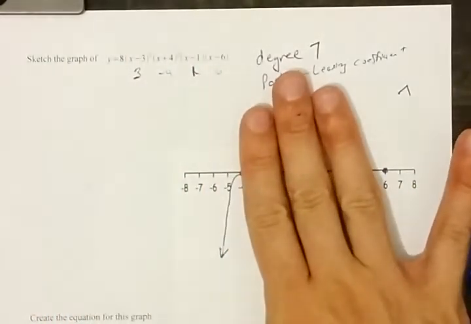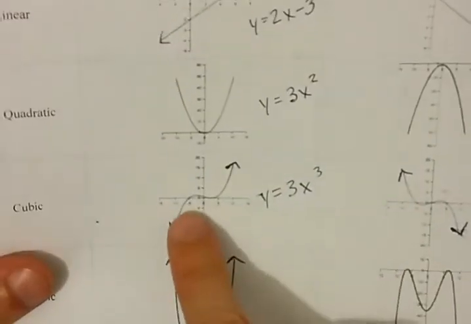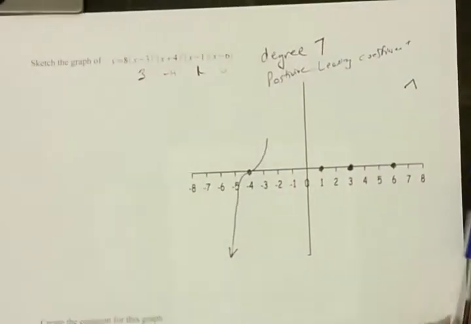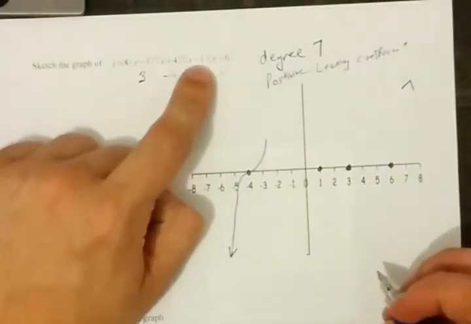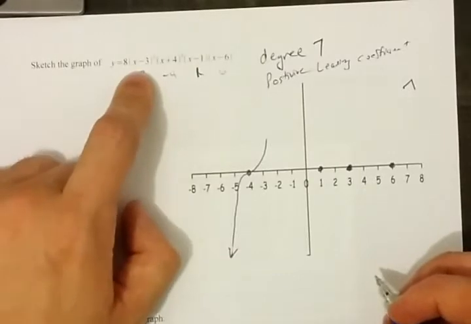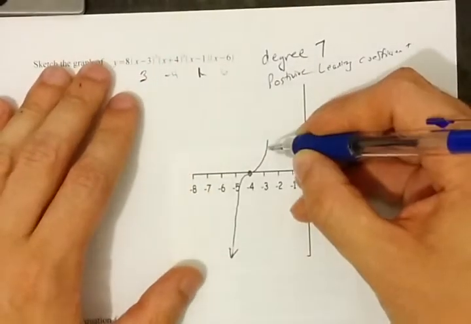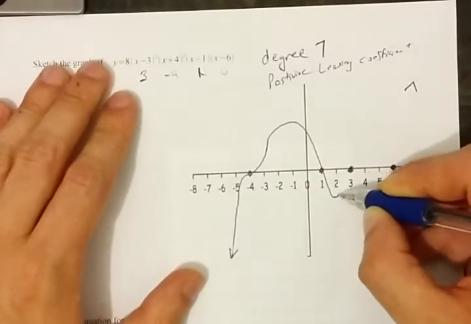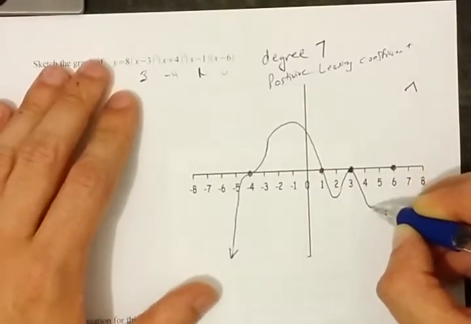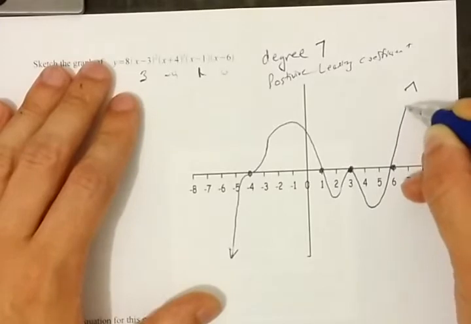It should remind you of the shape of an x to the 3 or cubic polynomial, right? Anyways, it goes straight through at 1, bounces at 3, straight through at 6. So we have to curve downward, straight through at 1, bounces at 3, and then straight through at 6.